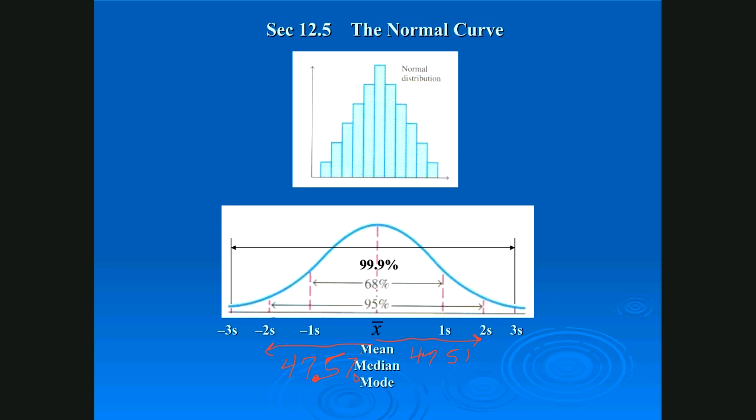So going from two standard deviations below the mean to two standard deviations above the mean, we'll have approximately 95% of our data. And going three standard deviations above the mean to three standard deviations below the mean, we will have 99.9% of our data.